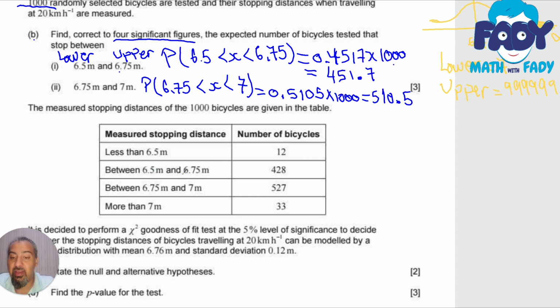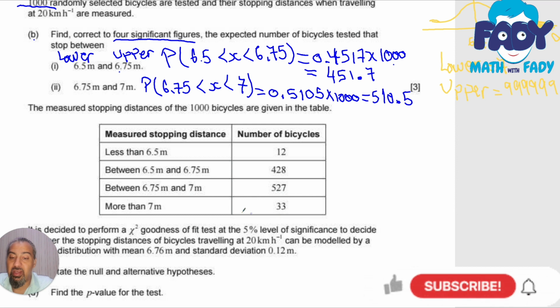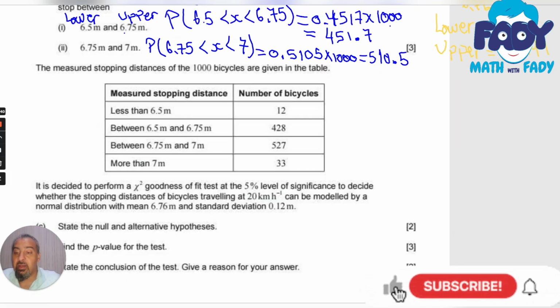Between 6.5 and 6.75, it's 428. What we were expecting here, we can notice that what we expected 451.7, in reality it was 428. And stopping distance 6.75 and 7, this is 527, and more than 7, this is 33.